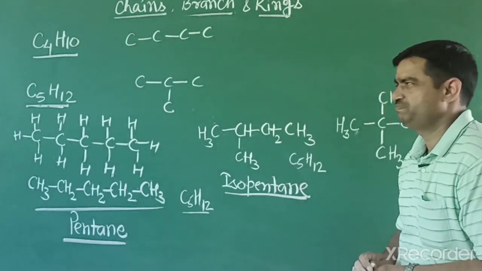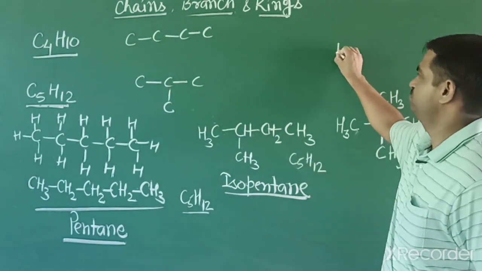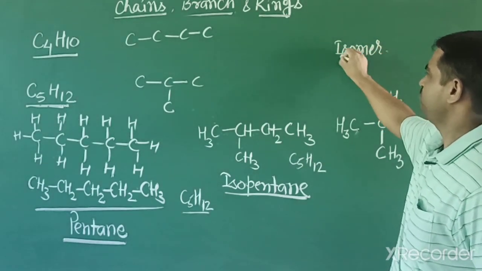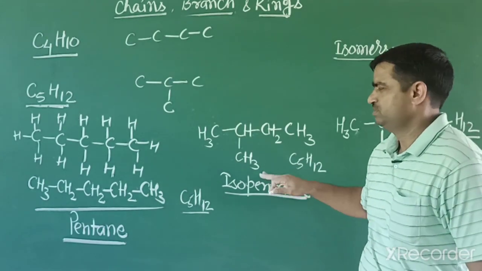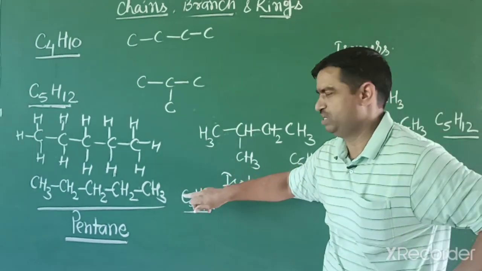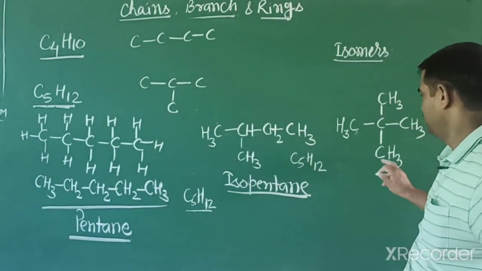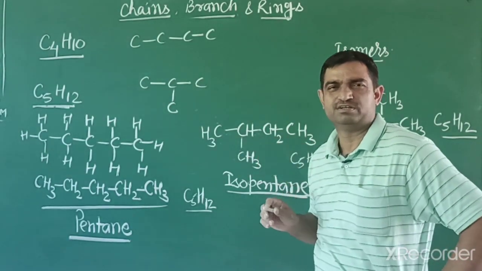What is their similarity? What is their name? All these compounds are isomers. Isomers are those substances having the same molecular formula. Same molecular formula means C5H12, C5H12, C5H12, but different structure.